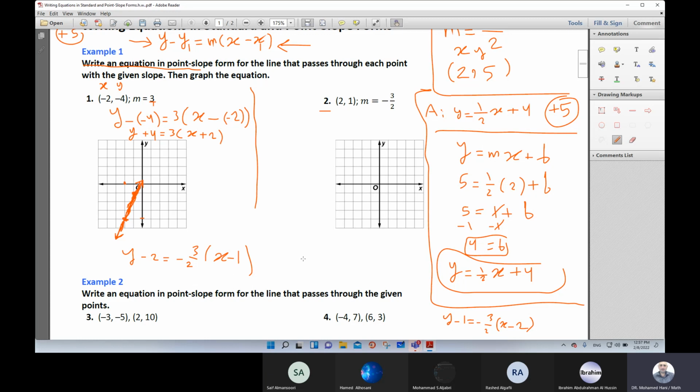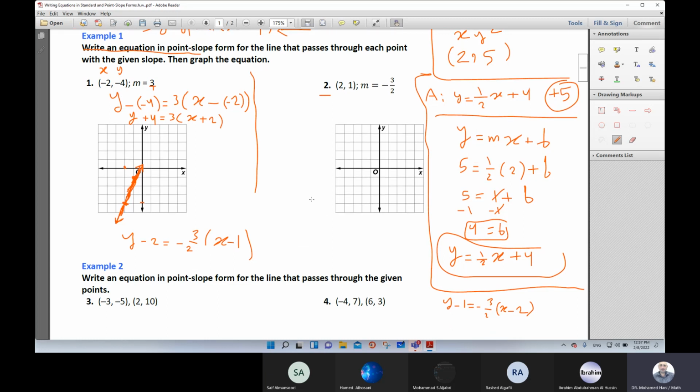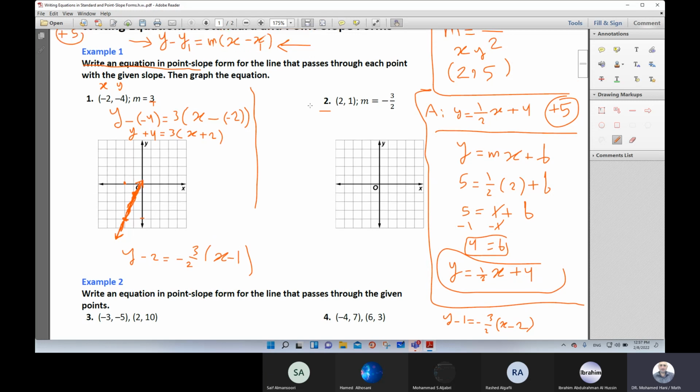Check with me, please. As we see, this is the standard form. Y minus. So right here, y minus. What is the value of y1? Go to the point. This is x, this is y. So y minus 1 equal. What is the value of m?